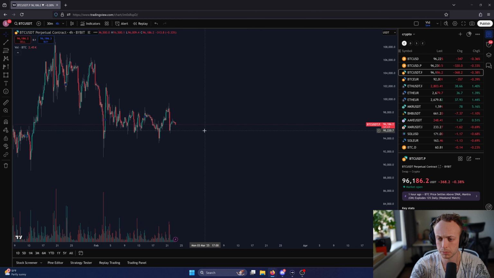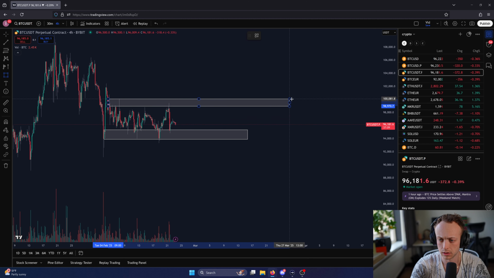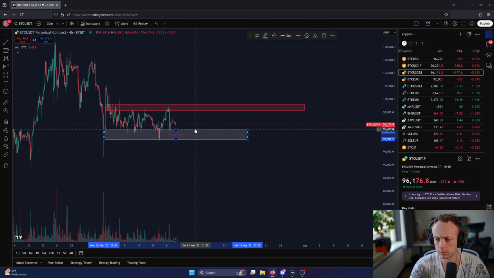So let's zoom in a little bit. Locally, I'm interested in these areas. Here for the short and here for the longs.